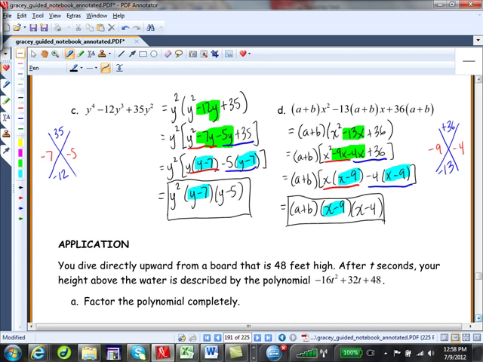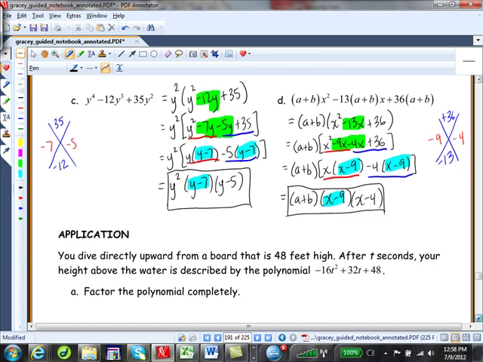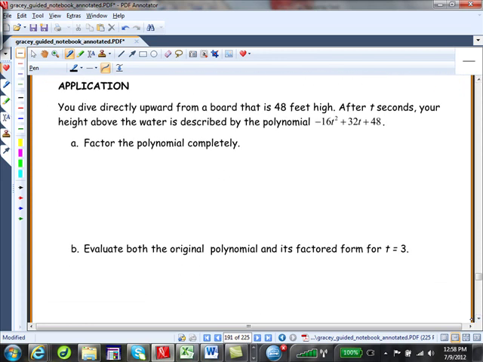Awesome. Take a deep breath. So here we go. Let's take a look at this application. First off, we're supposed to factor the polynomial. So negative 16t squared plus 32t plus 48 equals.